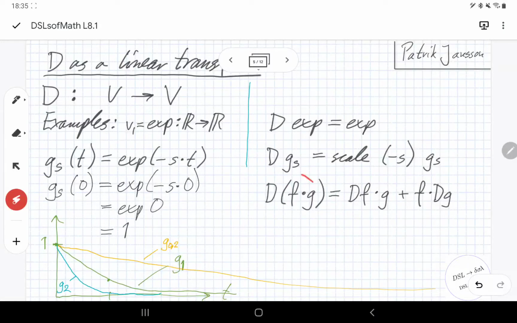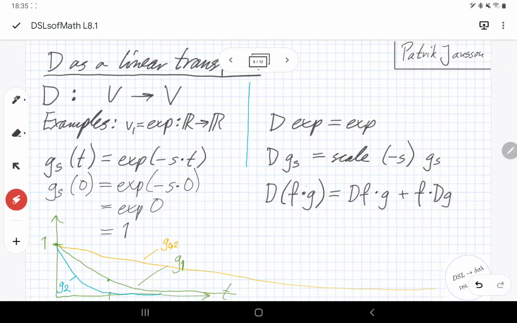Multiplication of functions here means point-wise multiplication, the function which at every point is the product of f and g. That's the derivative of the first component times g plus f times the derivative of the second component. This is one of the equations we will also have use for later.